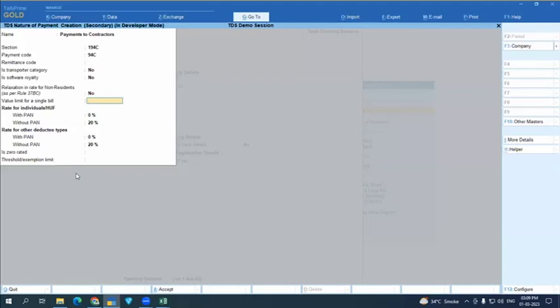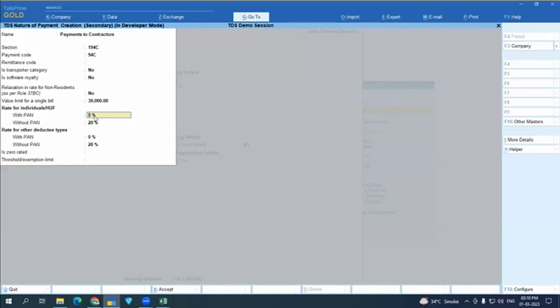Yes. So value limit for a single bill. There are two types of threshold limits. One is the limit for a single bill, which is as per law 30,000. So I am taking payment to contractors. That is called the 194C level section, and the threshold limit for a single bill is 30,000 and overall 1 lakh. Okay.